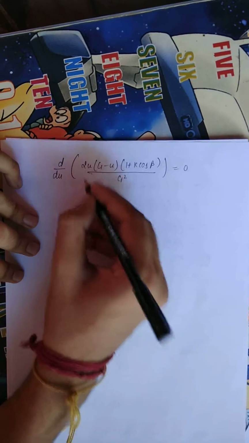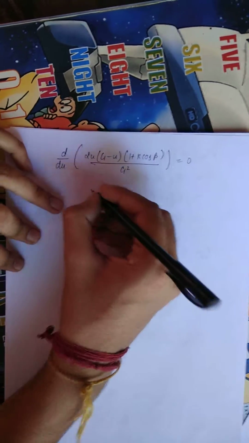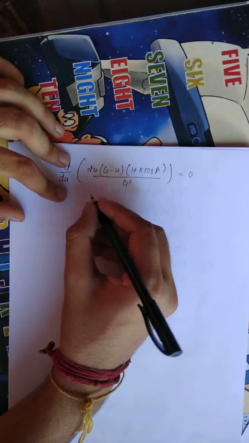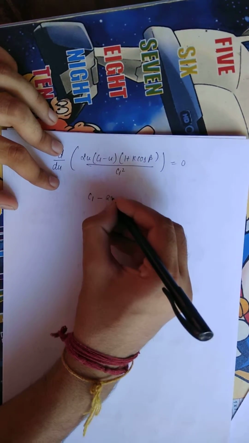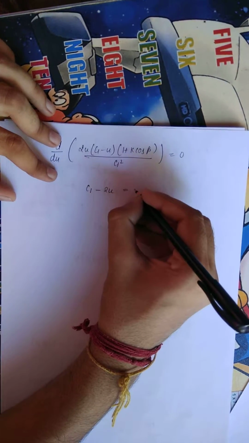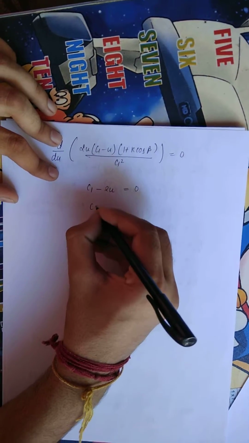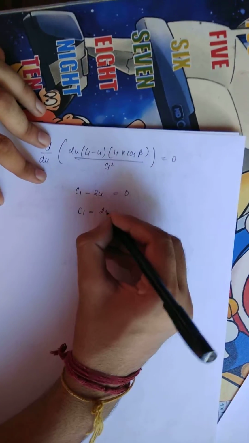Now when we find the derivative of this, we get c1 minus 2u equals 0, or c1 equals 2u.